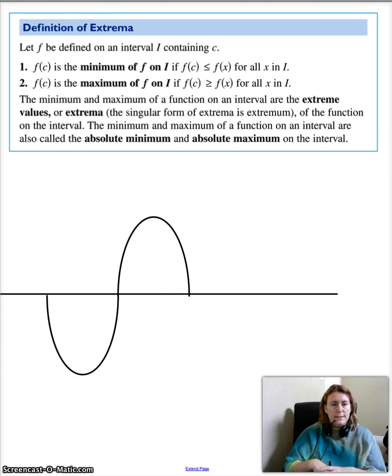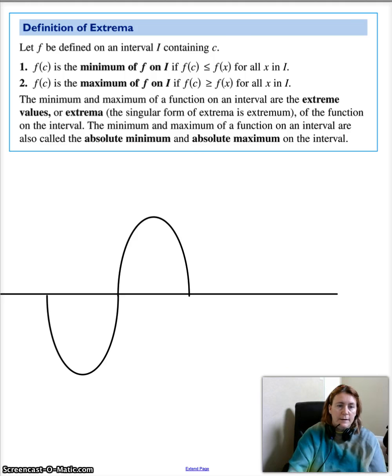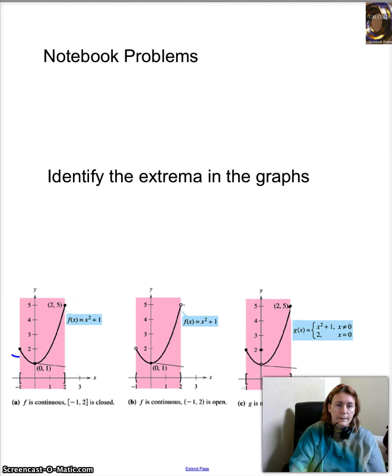Now, write down the actual definition of extrema in your notebook. You need to make sure you include that f has to be defined on the interval containing C, and then f(c) is a minimum when f(c) is less than or equal to f(x), and it's a maximum when f(c) is greater than or equal to f(x) for all x in I. Now, here we go.